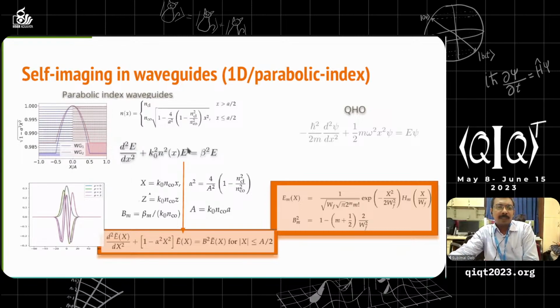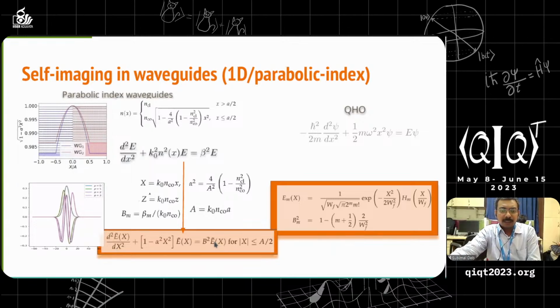So we do the same thing. I have put up the expression for the refractive index. You see that the square of the refractive index would be like a parabola. And we make the same transformation for the scalar wave equation to make it explicitly independent of material parameters.